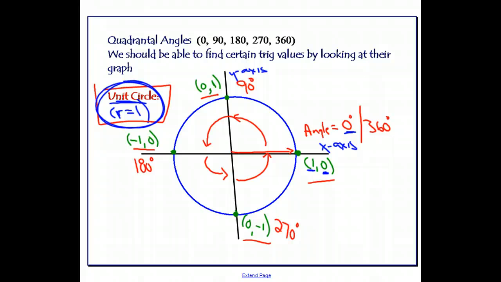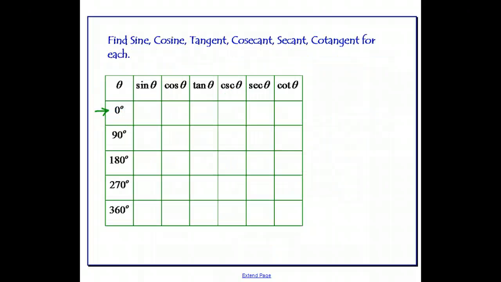So we've got this point here. And again, if you just think about 0 degrees, oh, I'm on the positive x-axis. That's the point (1, 0). We can do a lot of this in our head. Let's try it and see. Okay, sine was y over r. So it was 0 over 1, otherwise known as 0. What was the cosine?